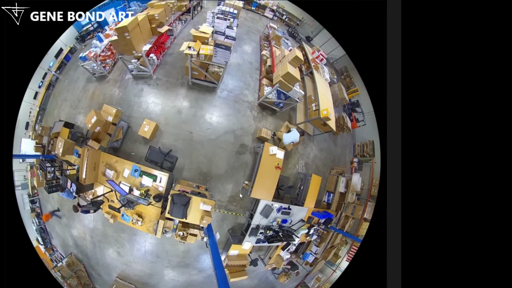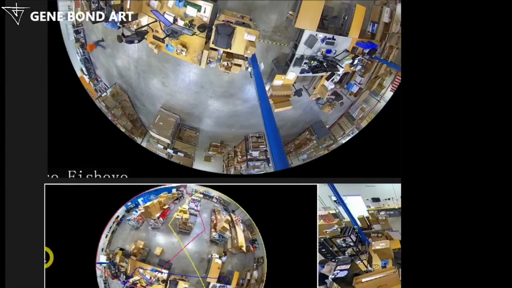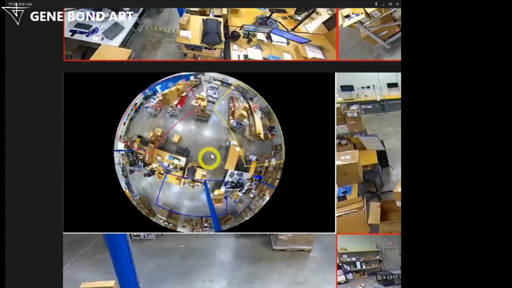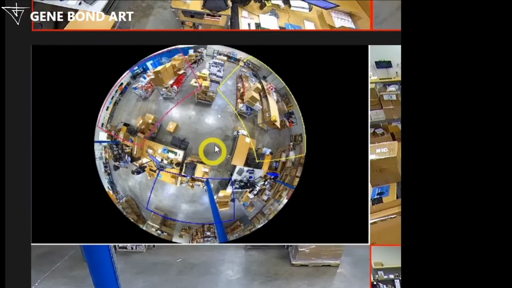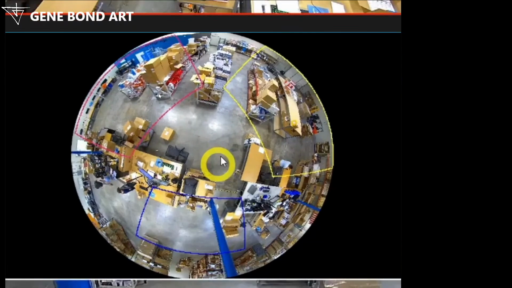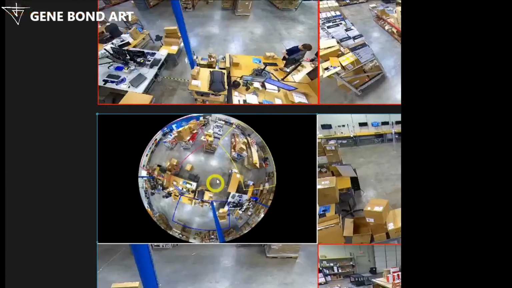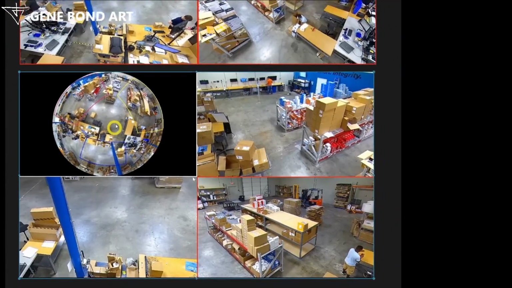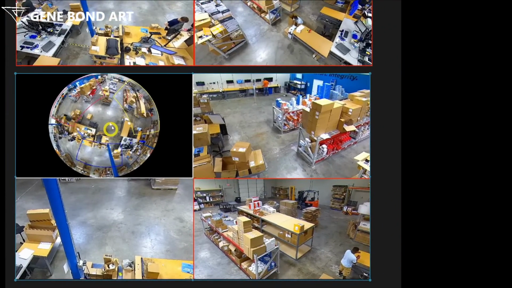Let's check this out. I found a video about a security camera on YouTube. This camera makes a 360 view, right? And here they have this computer program where you can digitally break it down into different cameras. You see this fisheye view, and here we have this frame. It's this view.